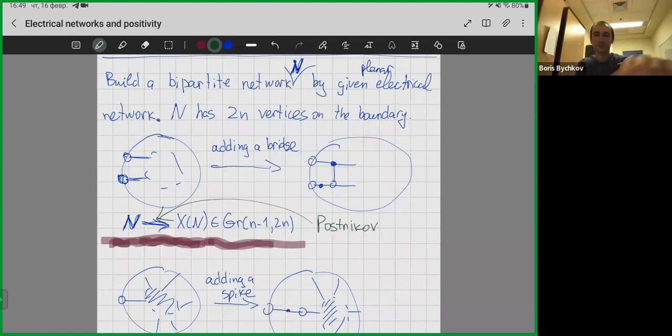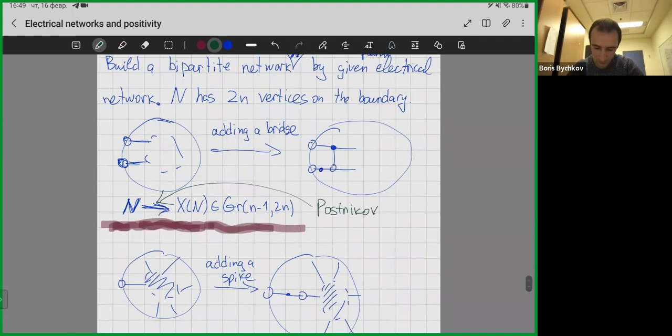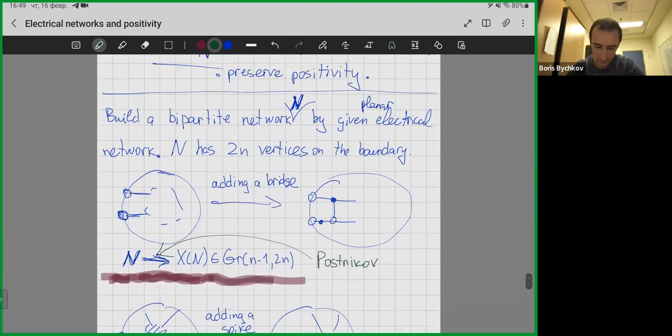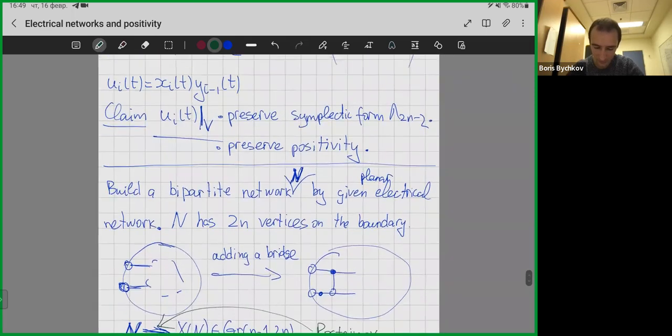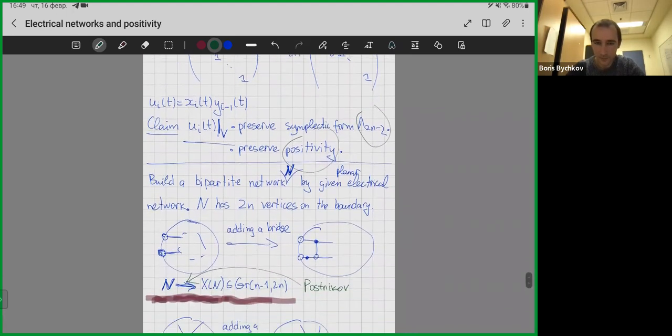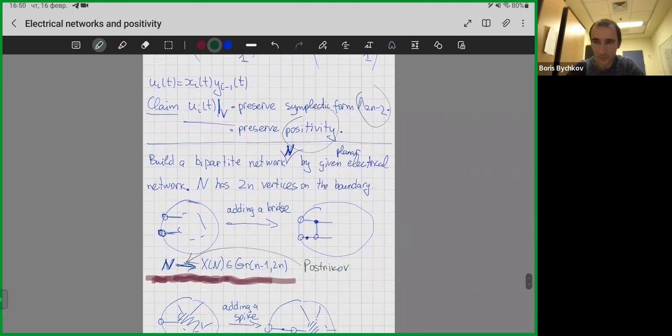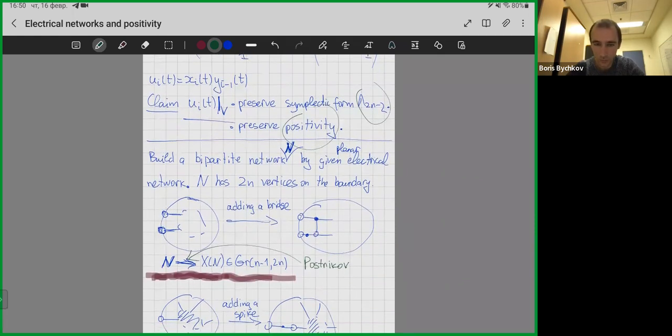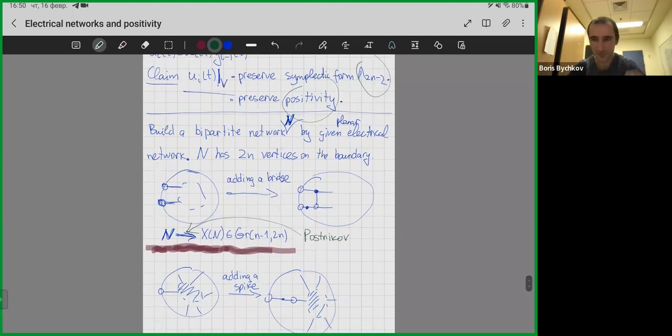So we just use this construction in the sense that these U matrices preserve our form and positivity. I'm afraid it was not very clear, but maybe I should stop.